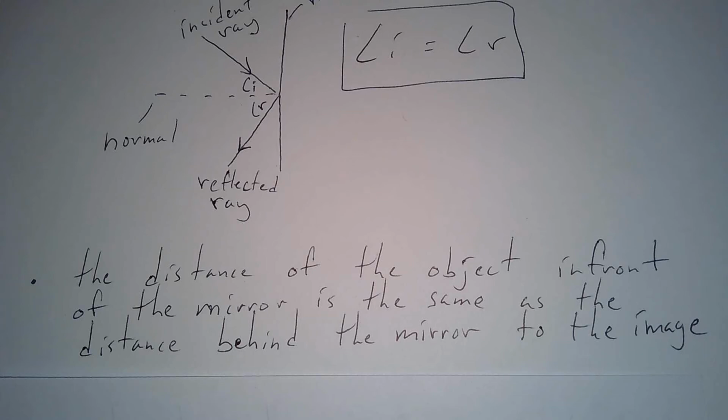You can do this at home: the distance from you to the mirror is the same distance as your image is behind the mirror. I know that doesn't make much sense, but that's what we call a virtual distance, or the image itself is virtual. Again, the distance of the object to the mirror is the same as the distance behind the mirror to the image of that object.